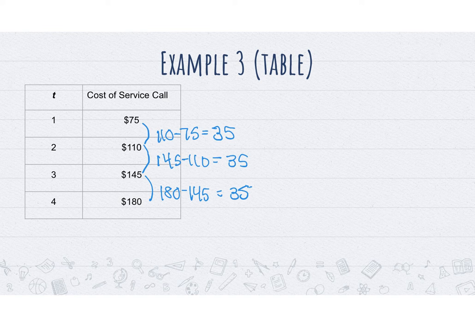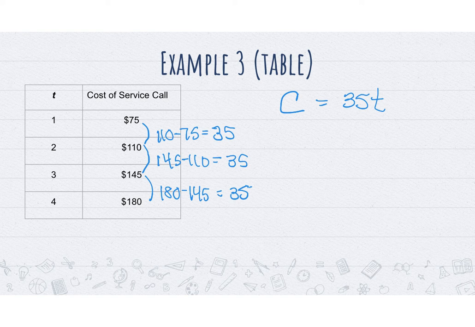So that's going to tell me that 35 times the number of hours is going to be part of my total cost. So let's use C to equal cost. So it's going to be 35 times T, or the number of hours. And that's going to get me at least part of my cost.